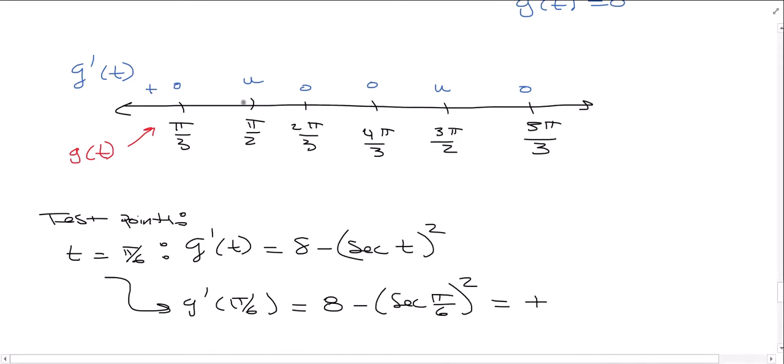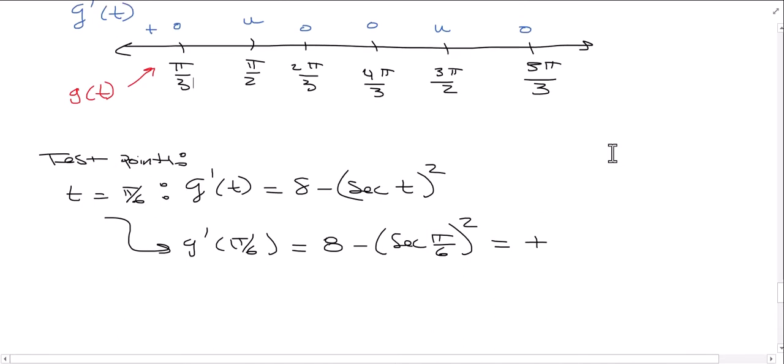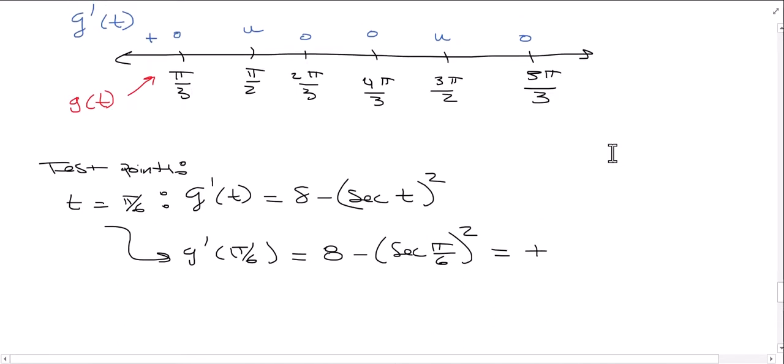Now between pi over 3 and pi over 2, what angle could you pick? You could convert to degrees and use your calculator. On the interval pi over 3 to pi over 2, that's 60 degrees to 90 degrees.